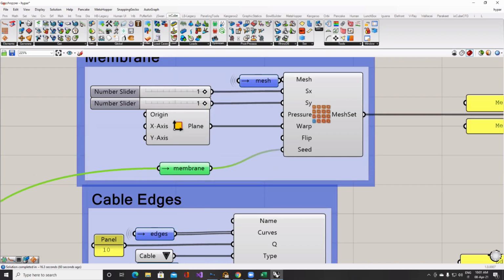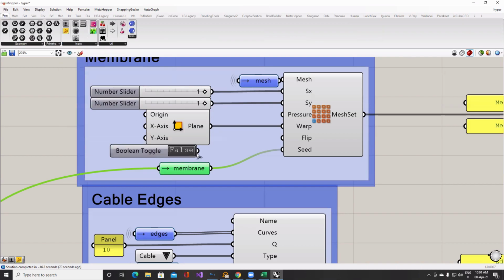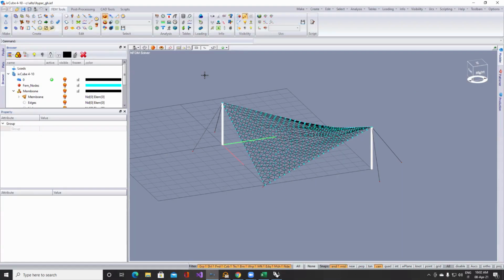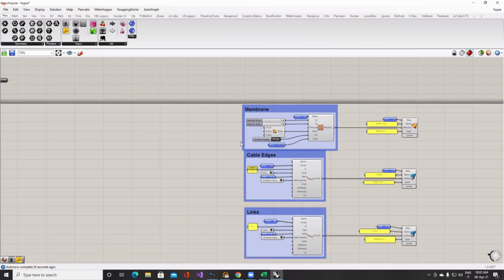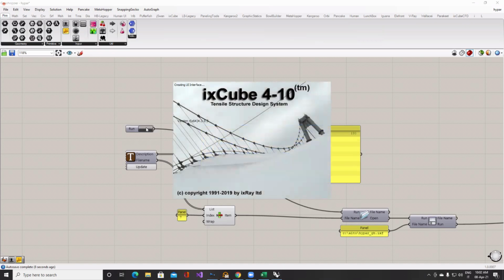And yes, I want to flip it. So I input a Boolean toggle and I set it to true. If we turn back in Grasshopper and I click again on this one, when you click on this, everything starts from scratch. Oh, now it's running the software.